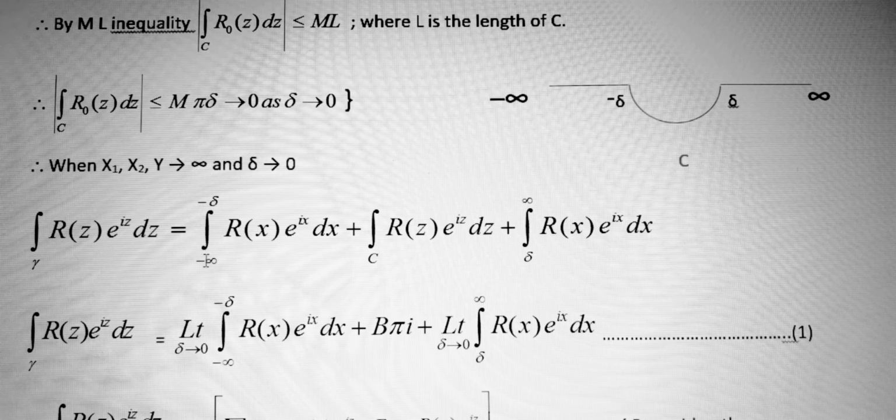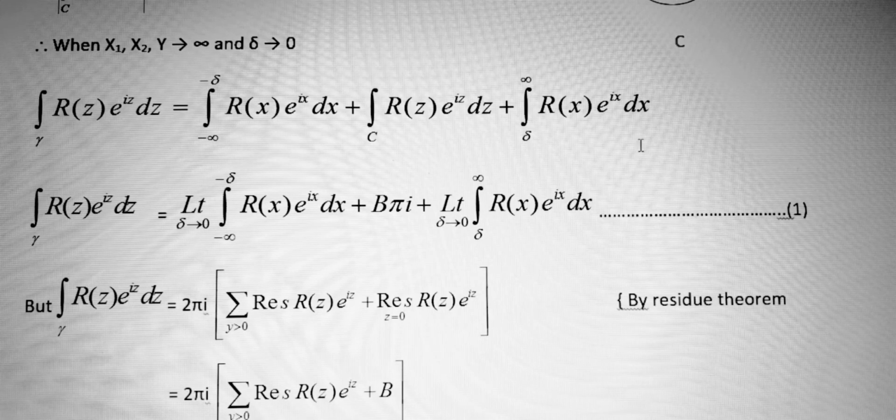So this is the integral from minus infinity to minus delta of r(x) e^(ix) dx. We use x because on the real axis z is denoted as x. Plus the integral over c of r(z) e^(iz) dz, plus the integral from delta to infinity of r(x) e^(ix) dx.